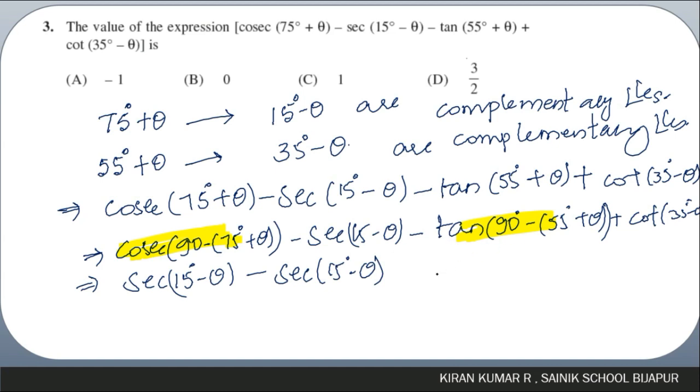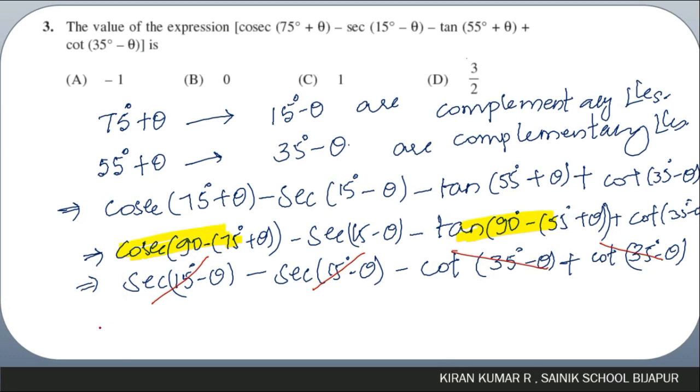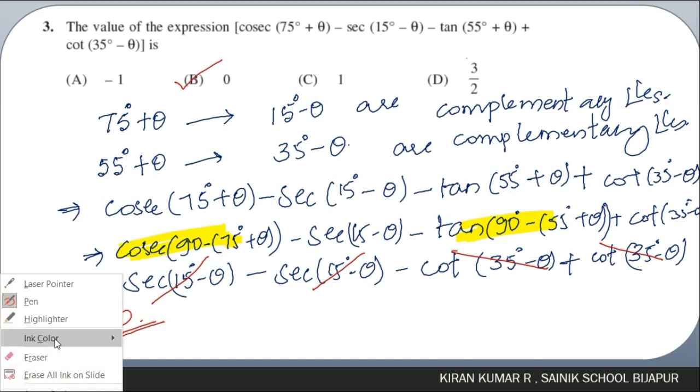Now tan of 90 minus something will become cot of 35 degree minus theta plus there is cot of 35 degree minus theta. If you observe, one is a positive, another is a negative, so these two will get cancelled, these two also will get cancelled. We get the result as 0. Option B is the right answer.